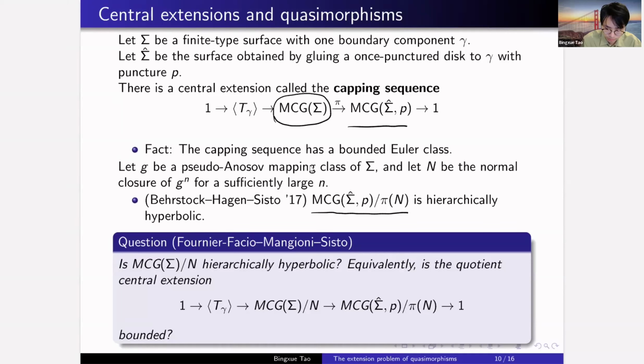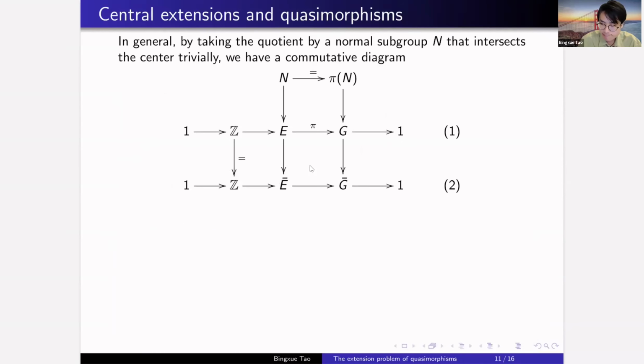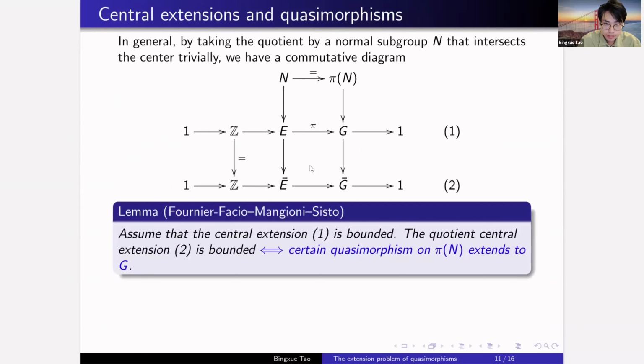Equivalently, is this quotient extension bounded? So here is a general result, also by Fournier-Facio, Mangioni and Sisto.